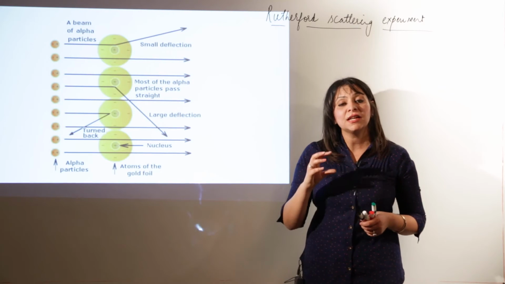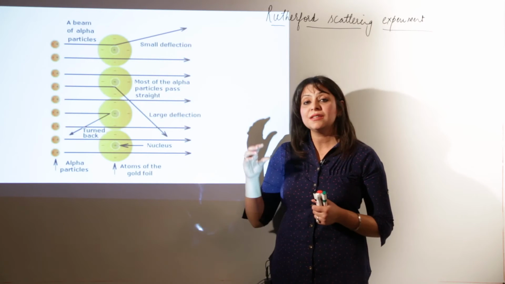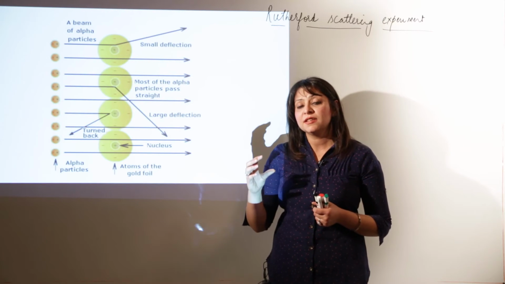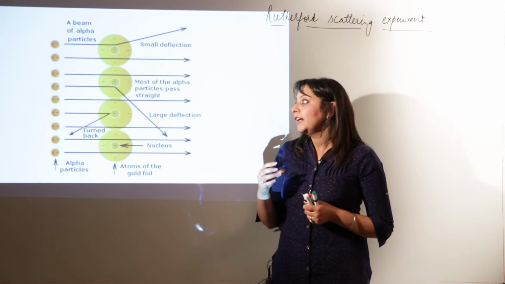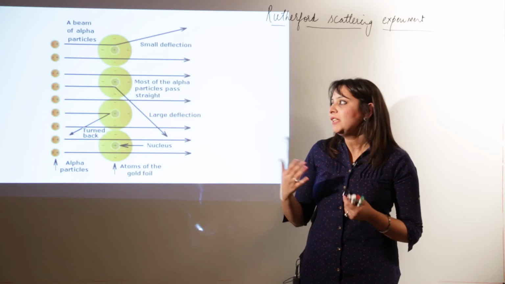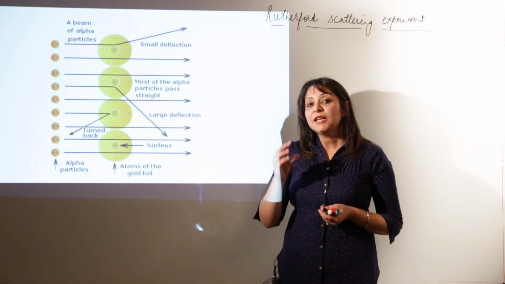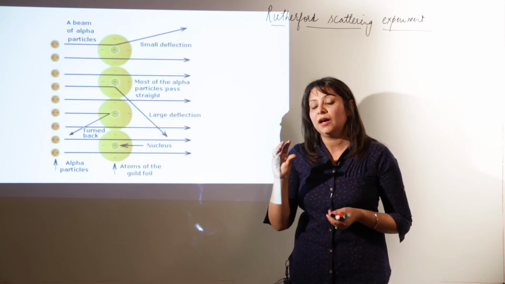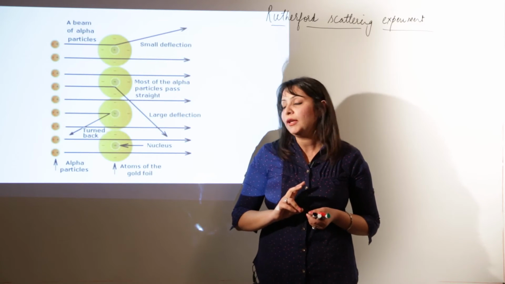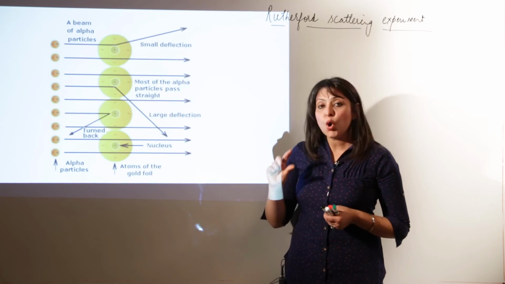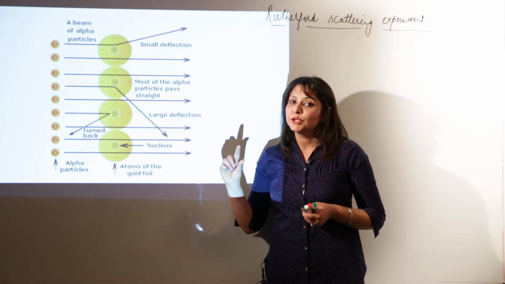Rutherford called that dense concentrated mass the nucleus. He said this nucleus might be present in the center because the deflections were very few; out of, say, 10,000 rays, only a few got deflected. That means the mass is concentrated in a small area. So the second conclusion, listen carefully: according to him, a small dense mass is located in the center, which is called the nucleus.